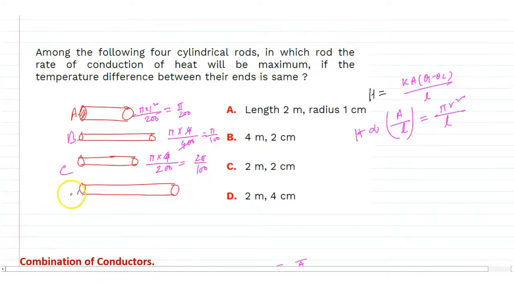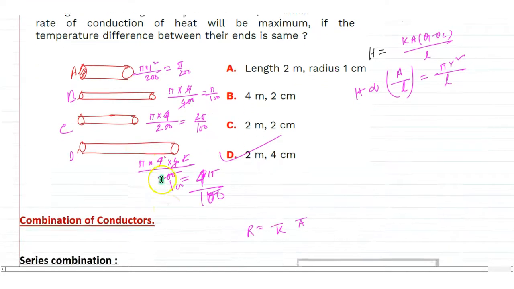And in case of D, pi into 4 square by 2. Sorry, here 200, so it will be 4 pi by 100. This is the maximum. 4 pi by 100.